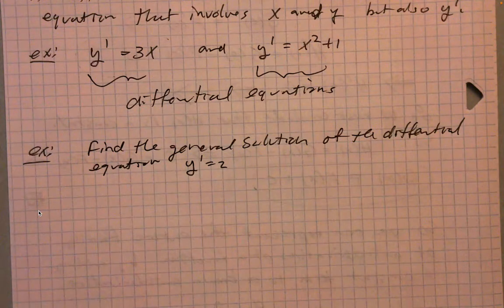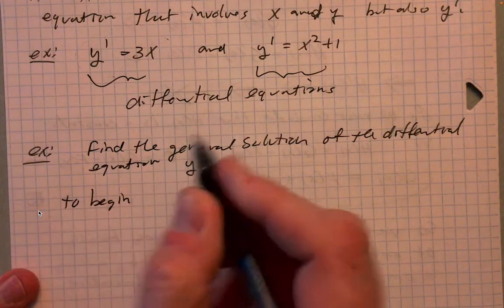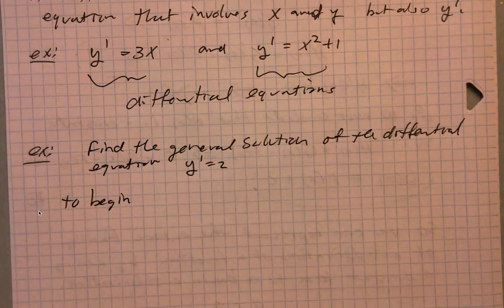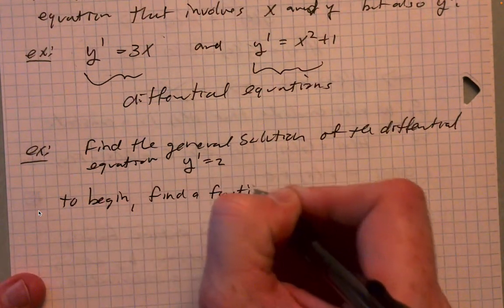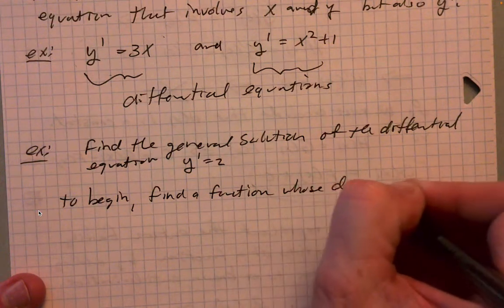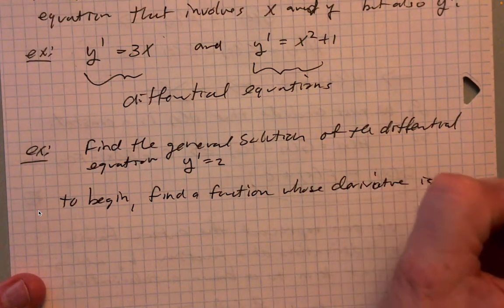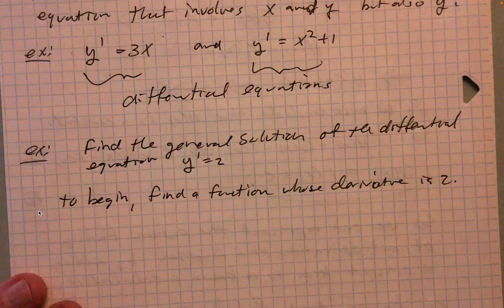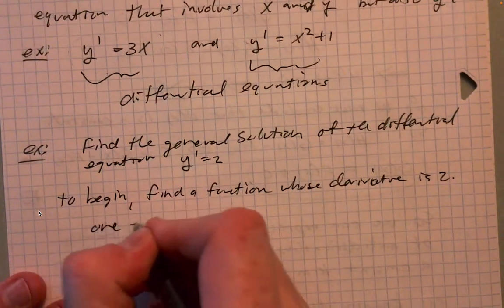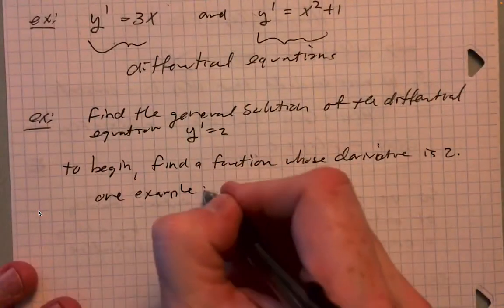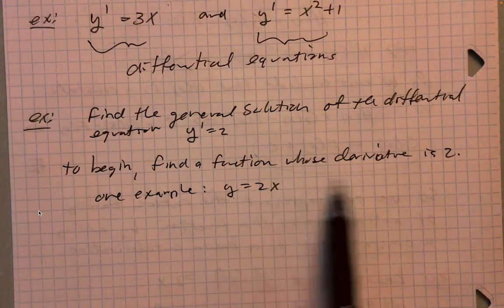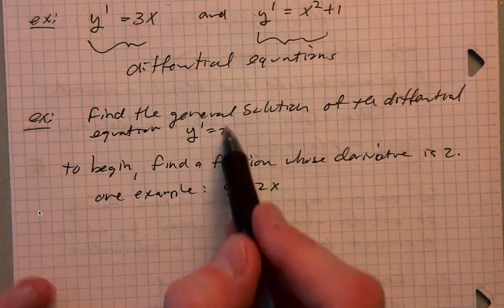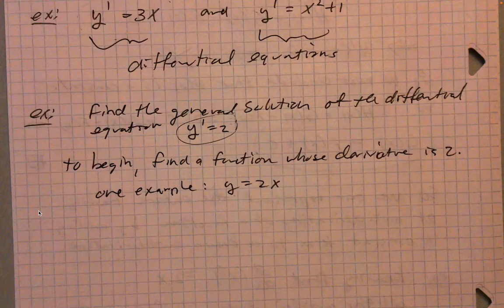Well, to begin, we're looking for a function whose derivative is 2. There are lots of examples. One example would be y equals 2x. Obviously, if you differentiate y equals 2x, you get y prime equals 2. Okay, so that would be one solution.